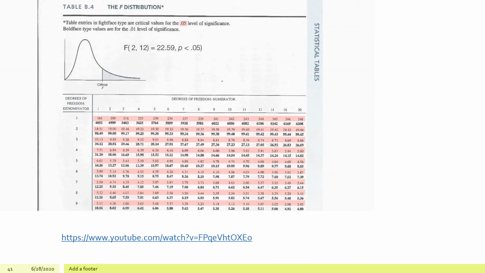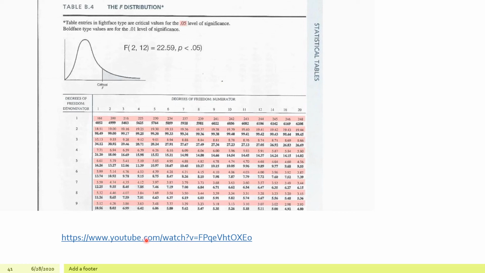Similarly, for F distribution, that is ANOVA, you have to calculate the degrees of freedom. I already mentioned in the previous slide, that is row minus 1 into column minus 1. So using that formula, you can find the degrees of freedom. And how to find the critical value, the best explained in this link.